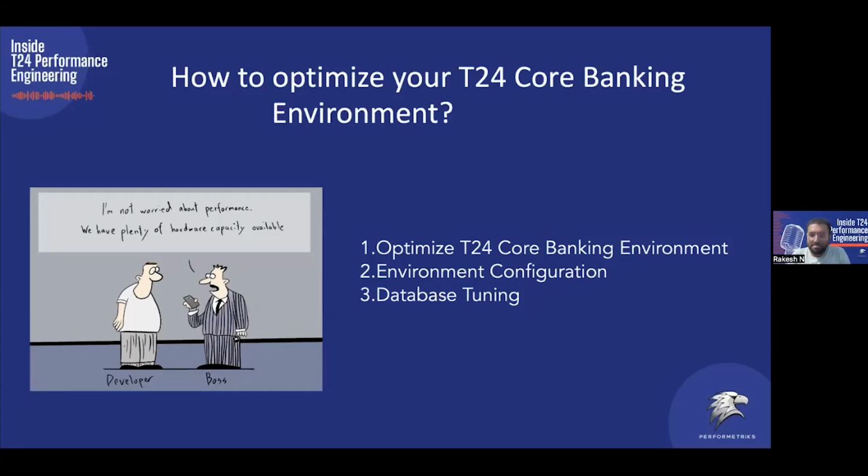I learned through the years that T24 observability, the core banking observability, is not an easy task even for the best observability tools. It is not straightforward or out of the box. You can monitor a lot of things. Right now we have AI in tools like Dynatrace or Datadog.